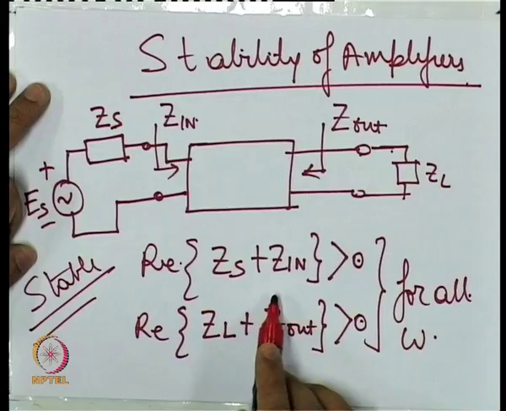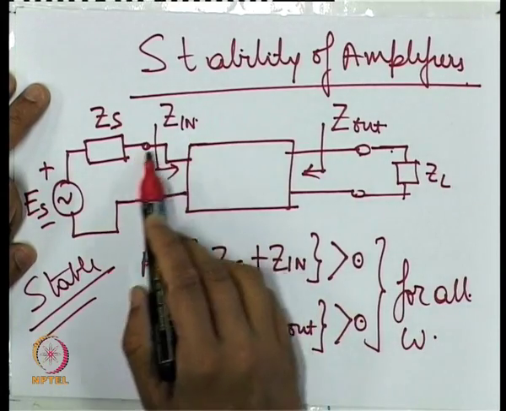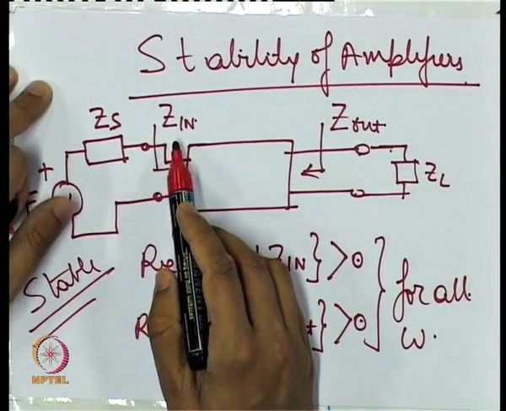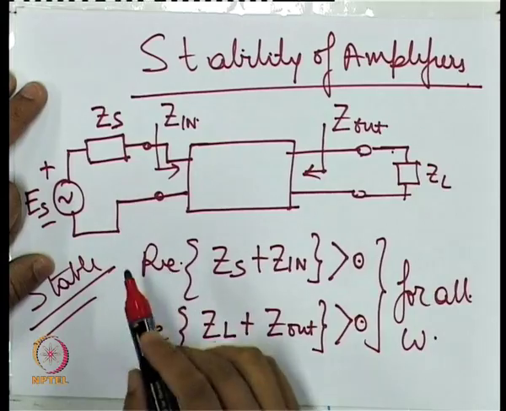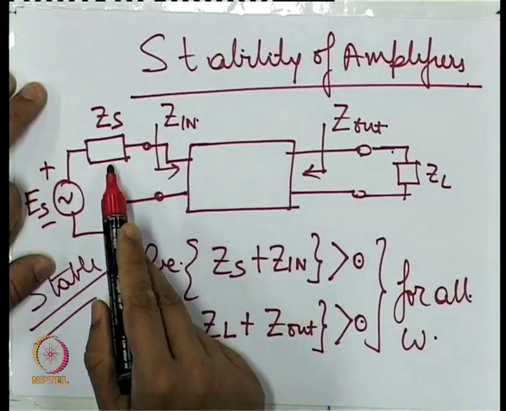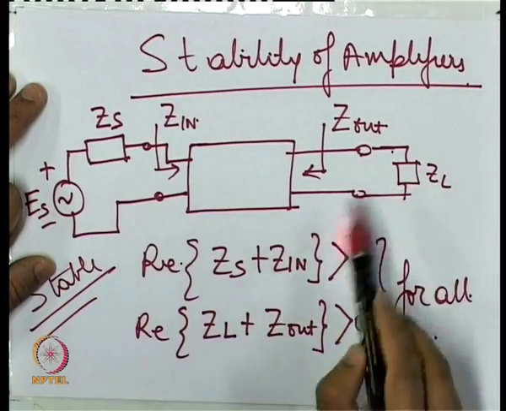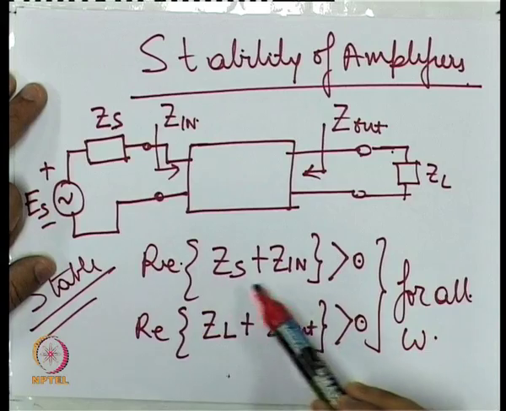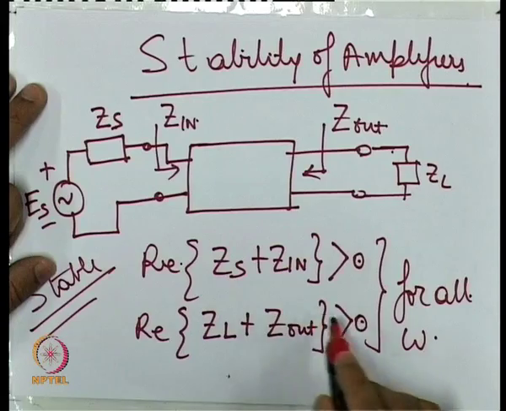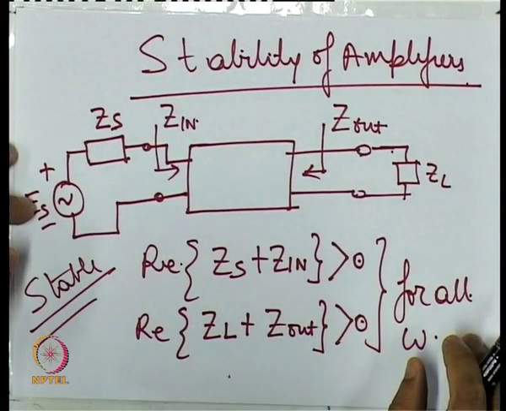If these conditions hold, that is, you have some Zin, say Zin itself has a negative real part, or Zout itself has a negative real part, but then on adding Zs and ZL, the real part of the sum of Zs and Zin becomes greater than 0, then such a circuit is said to be stable.